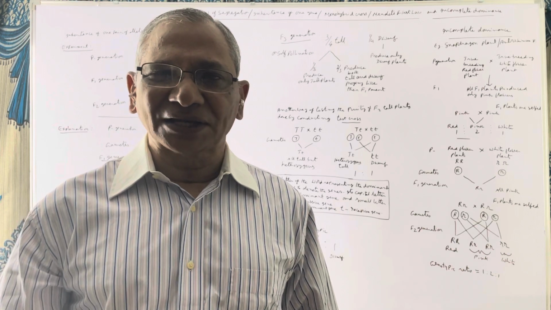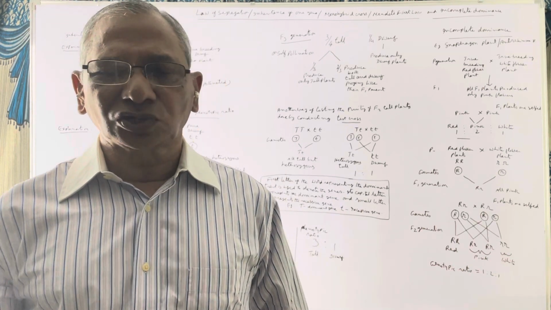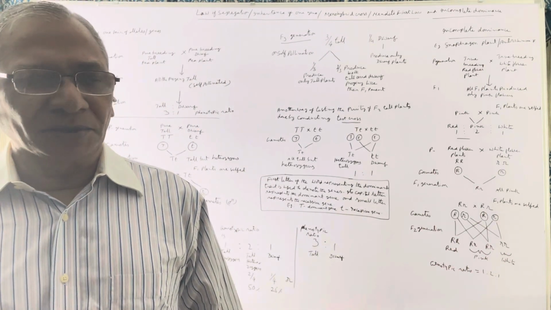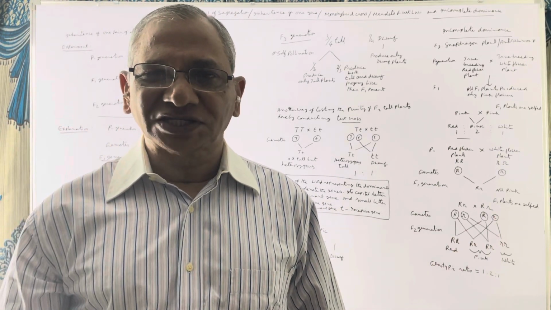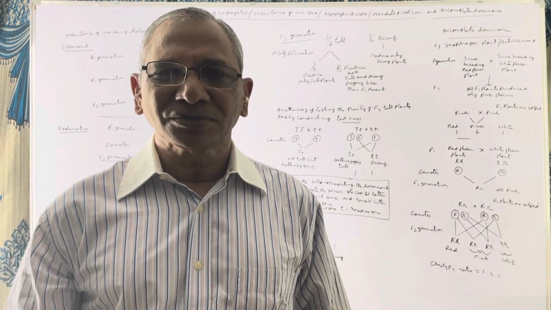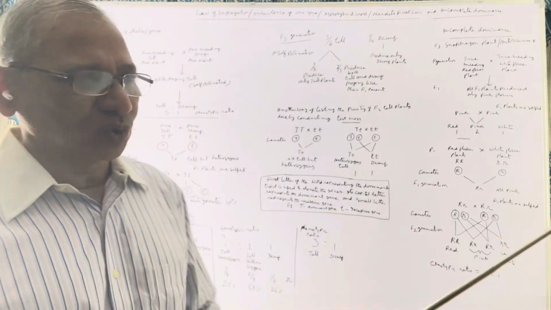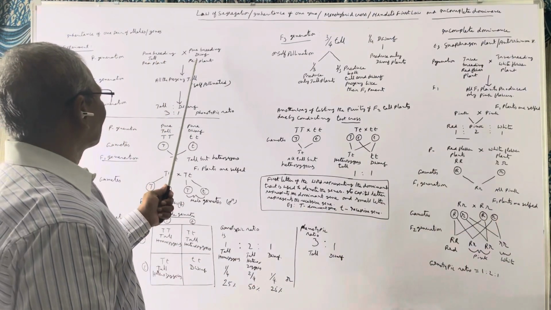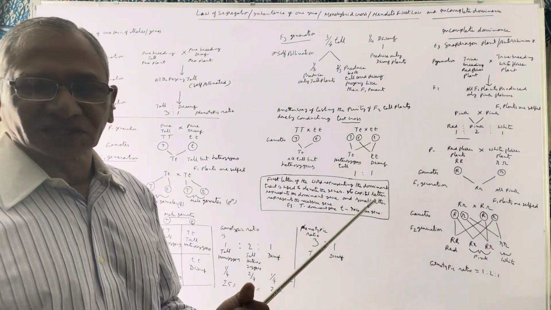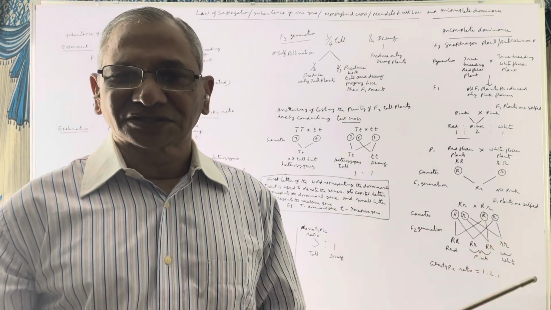Now we are calling them genes. So he used the term factor in the place of gene. According to him, each trait, here we have considered two traits, tall and dwarf, is controlled by two factors.